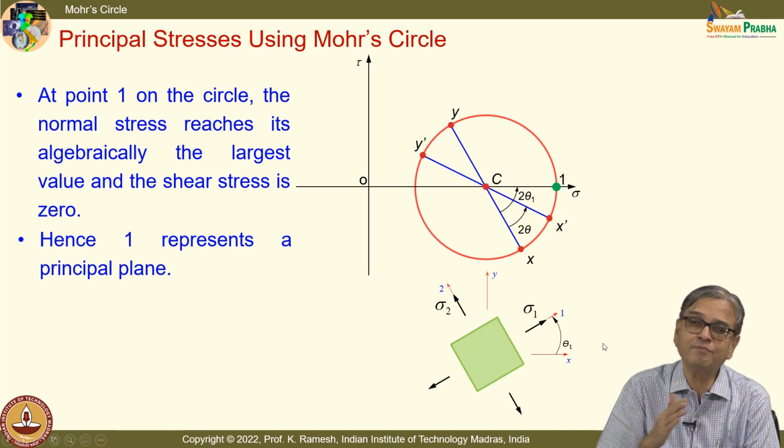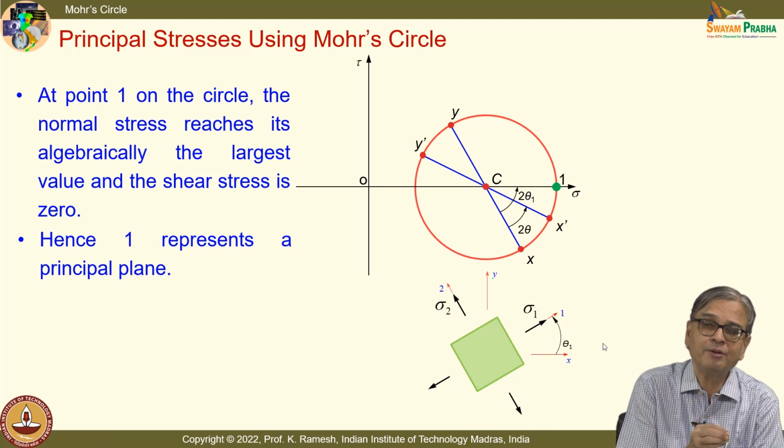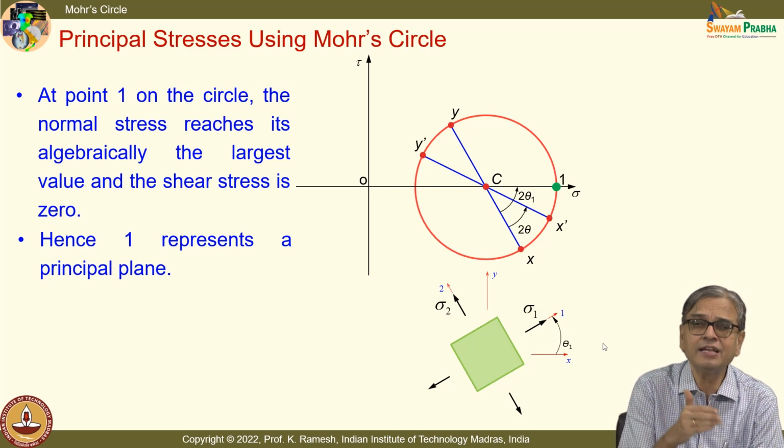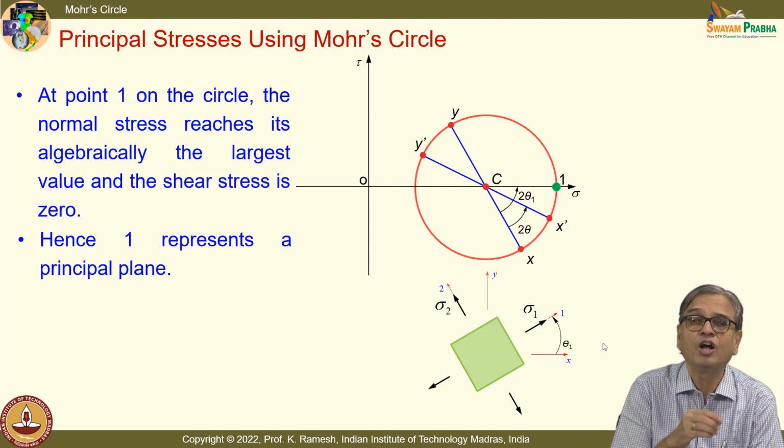Fine. When I say sigma 1, at a given point of interest, if I have multiple normal stresses, I can have in a 3-dimensional problem 3 principal planes. Of these, the algebraically largest I will call sigma 1, the next algebraically largest sigma 2, and the least value sigma 3.